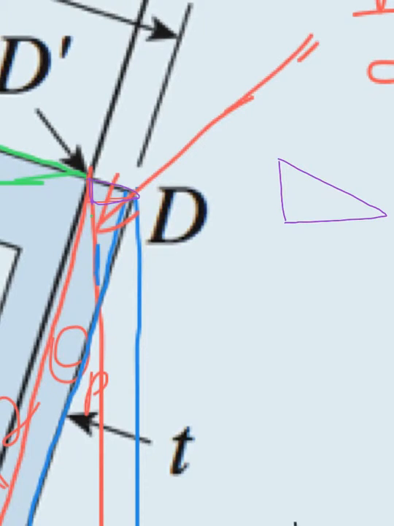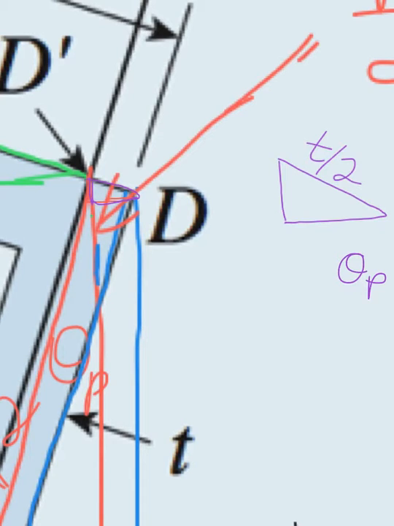Then we know that from there to there it's half of this thickness, and that is t over 2. So that is t over 2. And we know that theta p is the same as that angle there. So we have theta p in there.